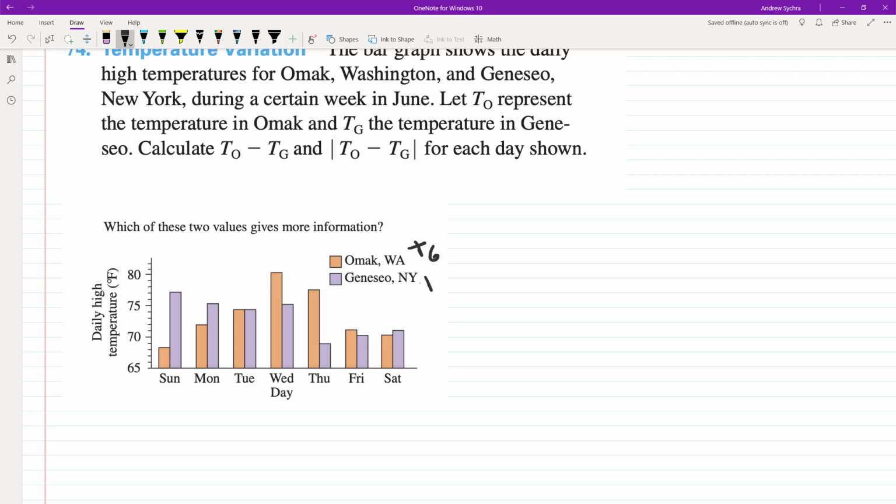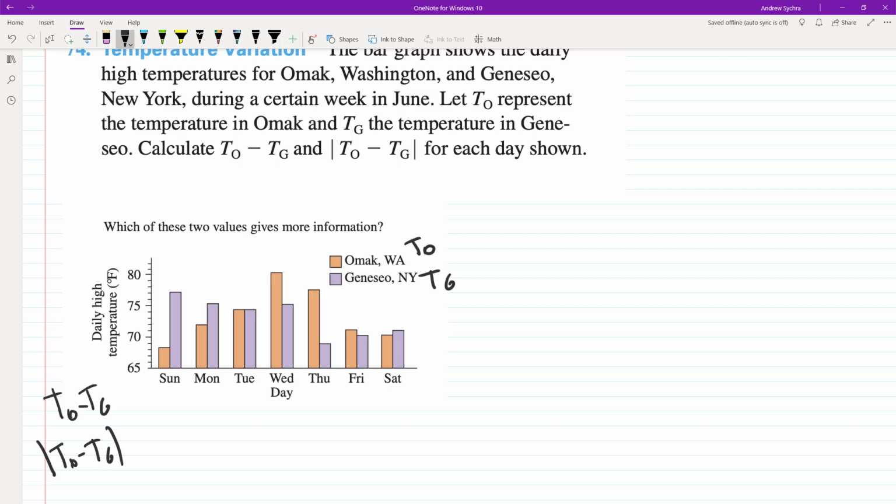Excuse me, that's not right. T sub naught, t sub g. So all this ends up being is equal to t sub naught minus t sub g. Okay.